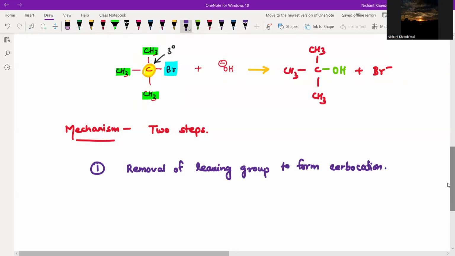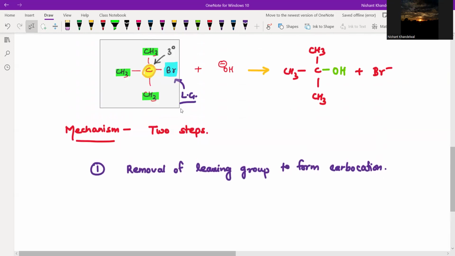So the leaving group here is the Br minus. This is a nucleophile and it is also a leaving group, right? Because it leaves here.